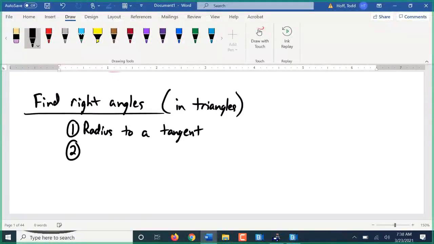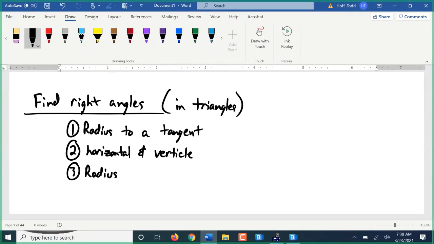Another common way that we've used once or twice, and we're going to continue to use more, is just horizontal and vertical. Horizontal and vertical lines have to be perpendicular to each other. A horizontal has to be perpendicular to a vertical. Another one that comes into play is a radius intersecting a chord.